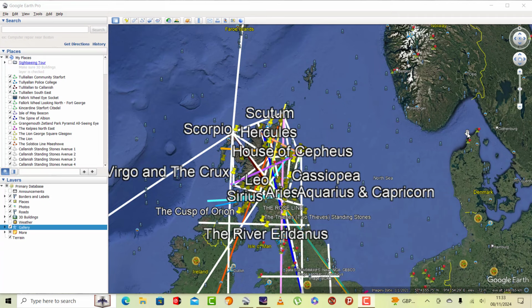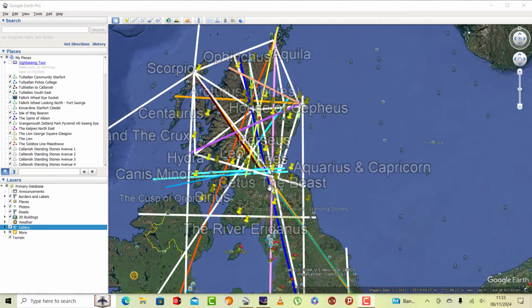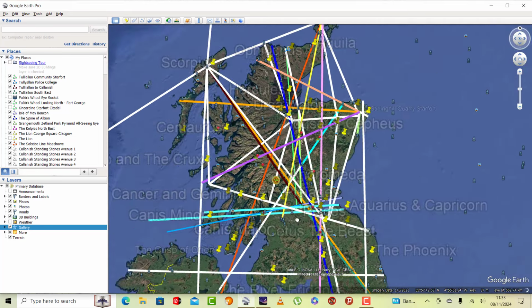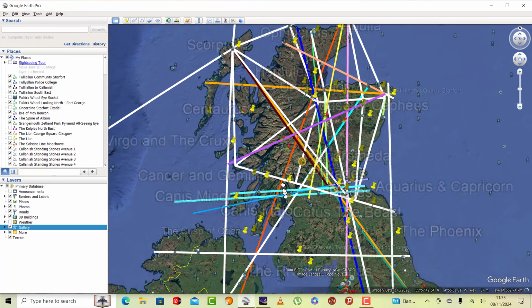And the result of that, and many years of wandering the lands and seeing the land for myself, is that I have now been able to put together this map of how the heavens are laid out over Scotland.